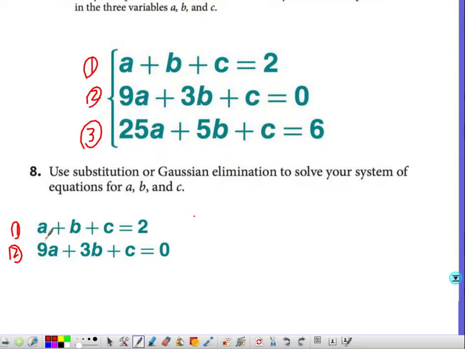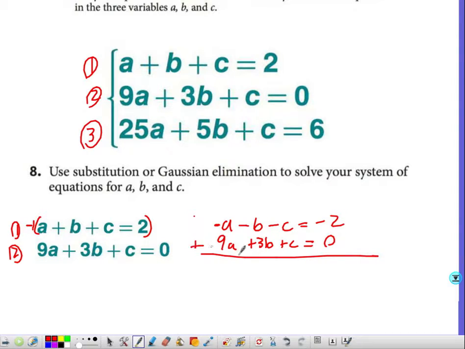So instead, before I add them, I want to multiply everything in the first equation by -1. So what do I get when I multiply everything by -1? I get -a minus b minus c is equal to -2. And let's write the second equation the same way, 9a plus 3b plus c equals 0. And I'll take a look at what happens when I add them together. -a plus 9a is 8a. -b plus 3b is 2b.